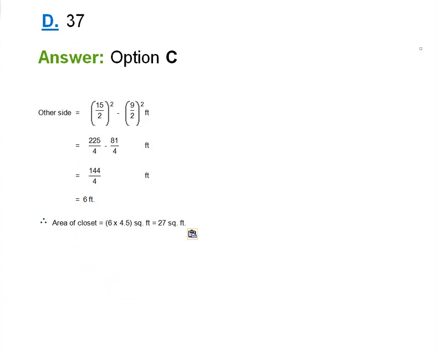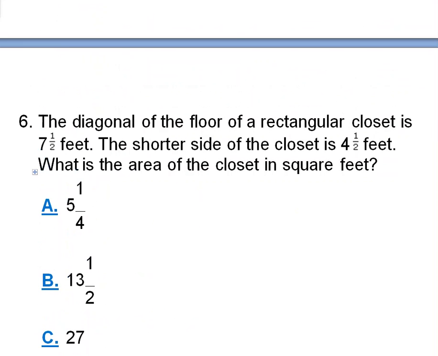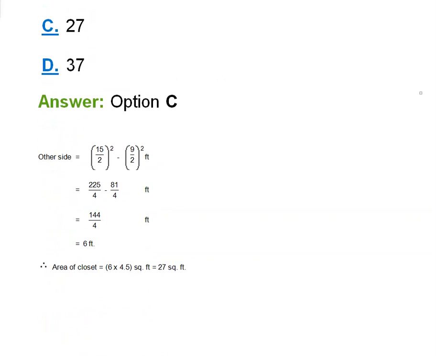So for the solution, let's see what was given in the question. You have two values, right? So you will just write it like 15 square minus 9 square, so that you can get the other side. Let me remind you that these are under root, but we cannot mark under root here. There is no such option, but this is an under root, and this also, and this also.